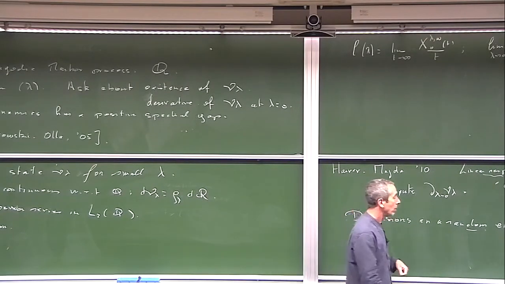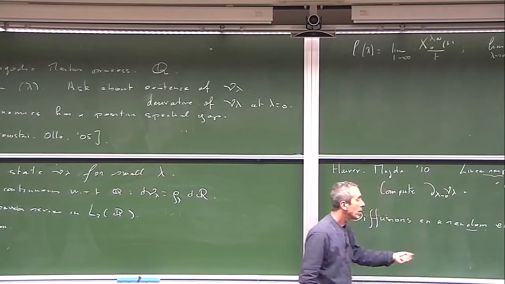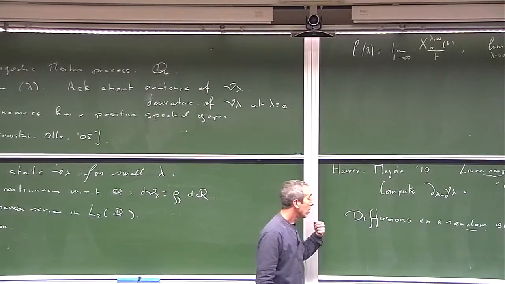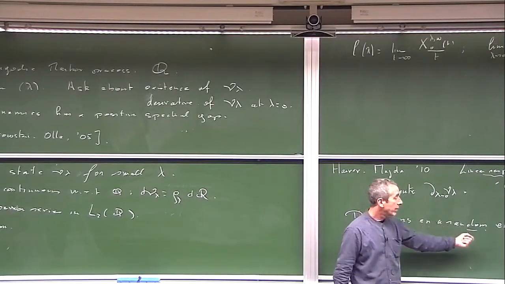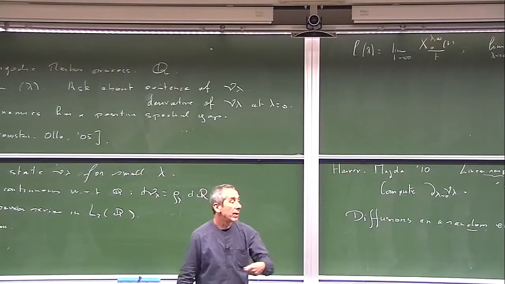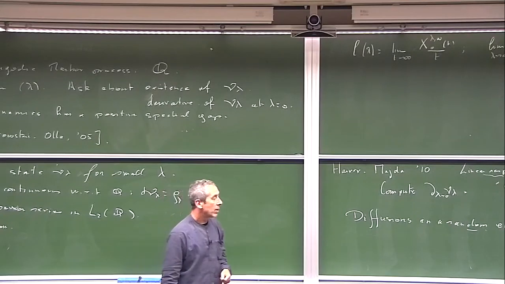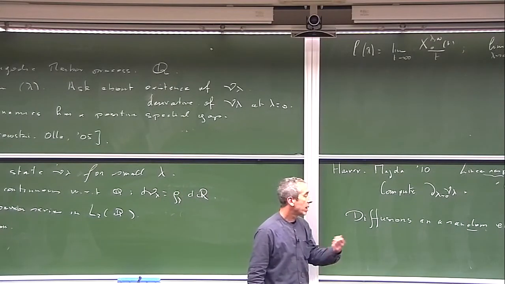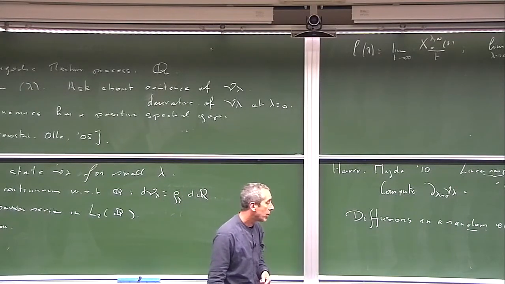So once again, to be a little bit more complete about references, for diffusions in a random environment, the next simplest case after the periodic environment is the case of an environment with finite range of correlation.